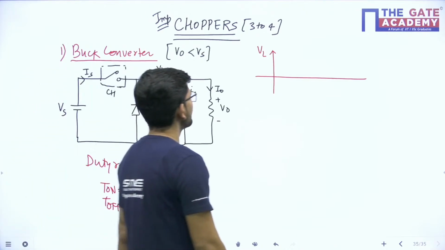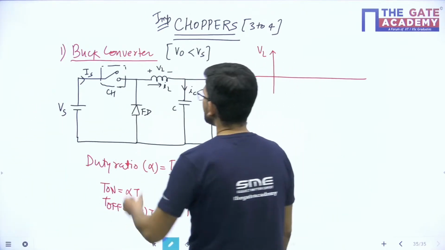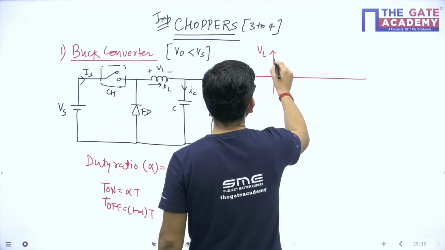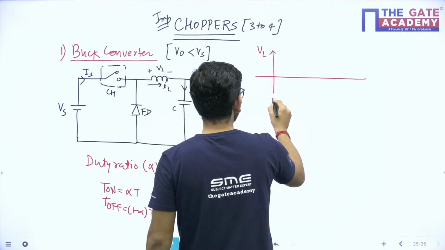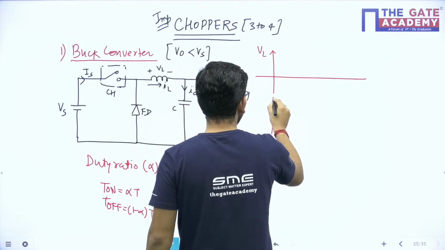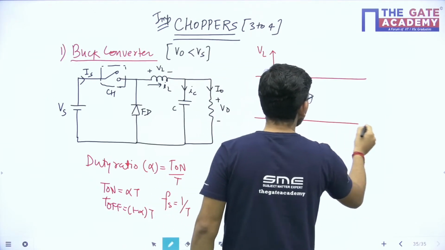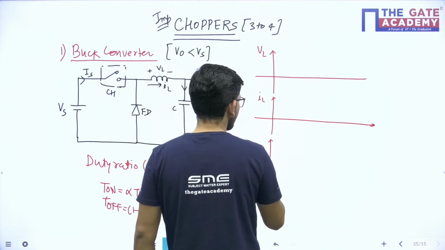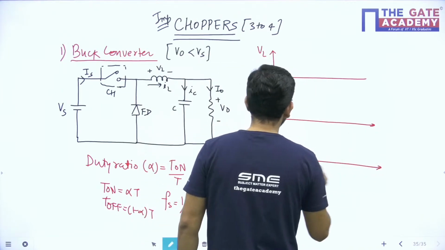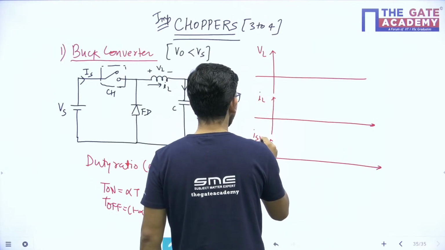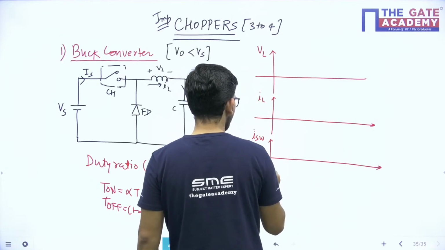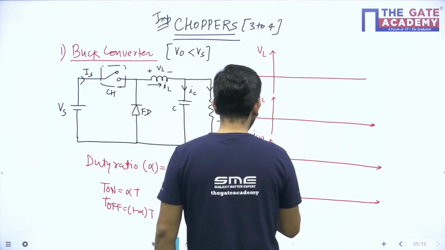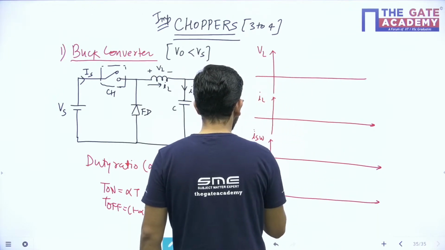So if I talk about the inductor voltage, then when the switch is on, what will be the inductor voltage? Let me draw the following waveforms. I will draw IL, VL, then the switch current waveform or chopper waveform, and then the I FD waveform.